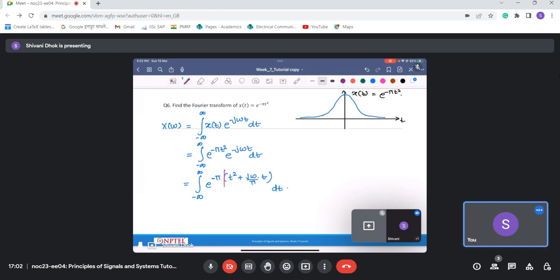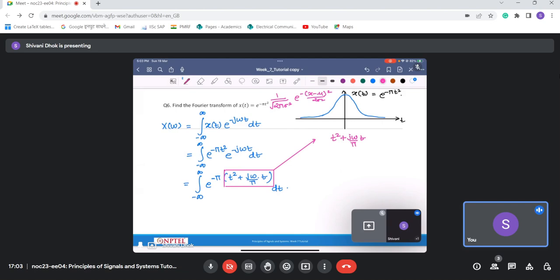Now consider this factor which we are having here: t square plus j omega by pi t. Now this is a Gaussian curve here, and we know that if I'm having any function of the form 1 upon root 2 pi sigma square e power minus (x minus mu) square upon 2 sigma square, then integration of this function is equal to 1 from minus infinity to infinity.